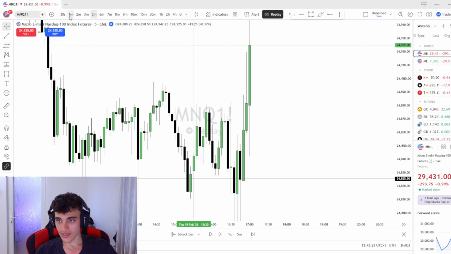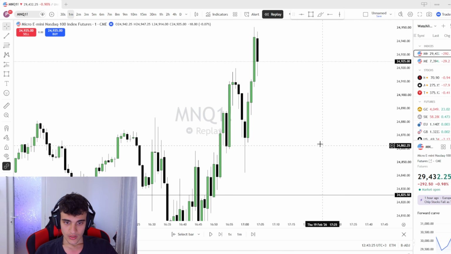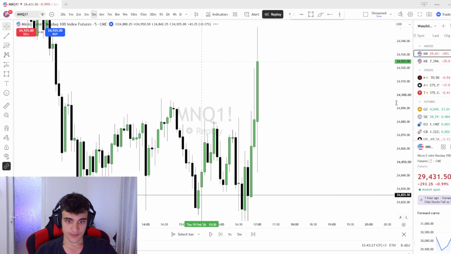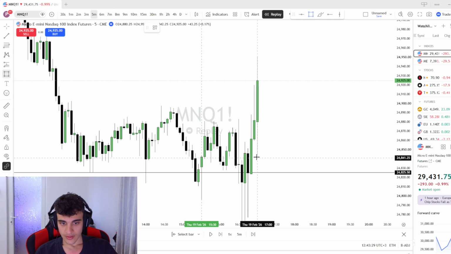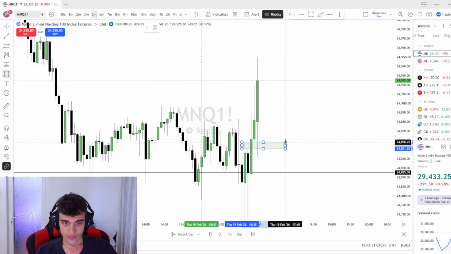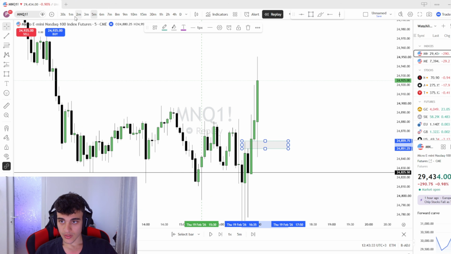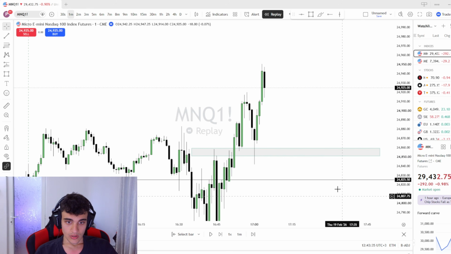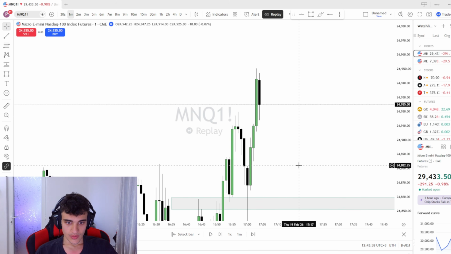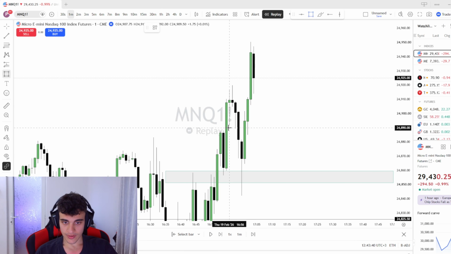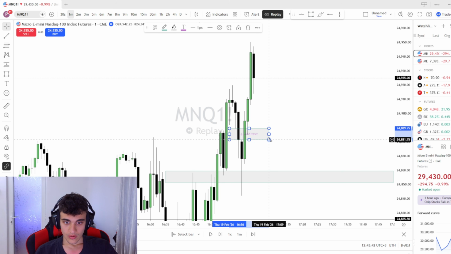Okay, so we do get that. We do retrace into this 5 minute gap right here, and we respect it. So right after this, on this 1 minute inverse fair value gap, I would have longed.